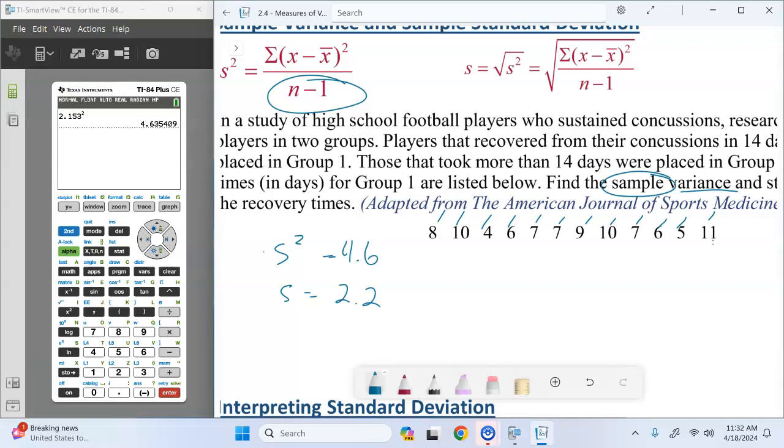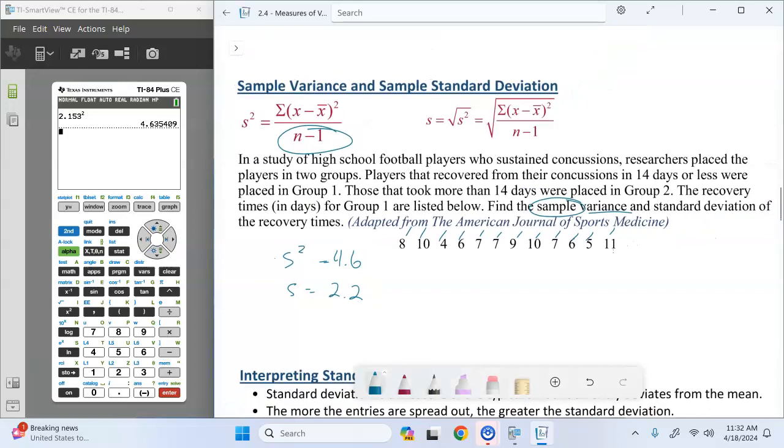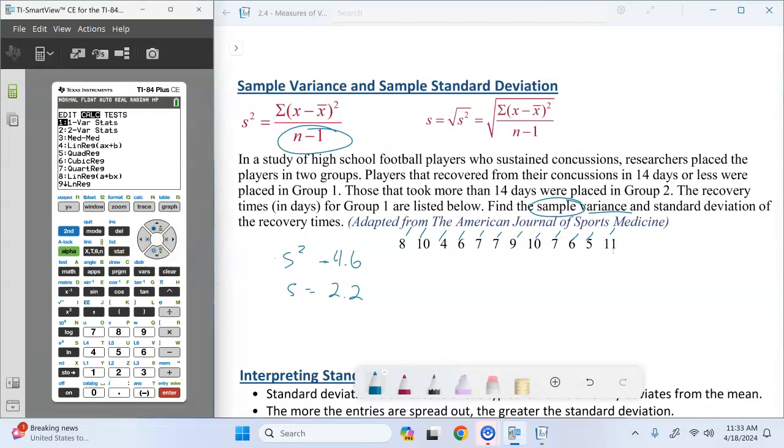So we look at what it is that we're actually dealing with, what our data set says. We have high school football players who got a concussion, and the amount of days it took for them to recover from that concussion. The average was 7.5. We got that from our table. The mean was 7.5 days for recovery.